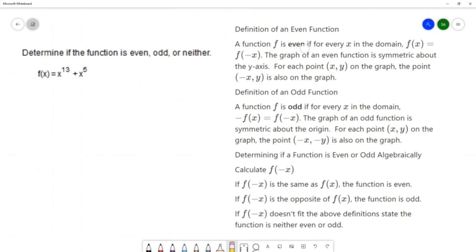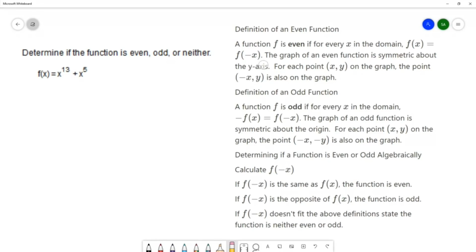A function is even if for every x in the domain it fits this pattern, f of x equals f of negative x. Now what these symbols are actually telling us is that the graph of an even function will be symmetric about the y-axis.